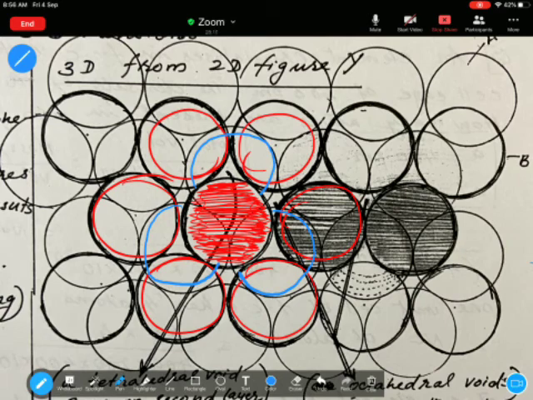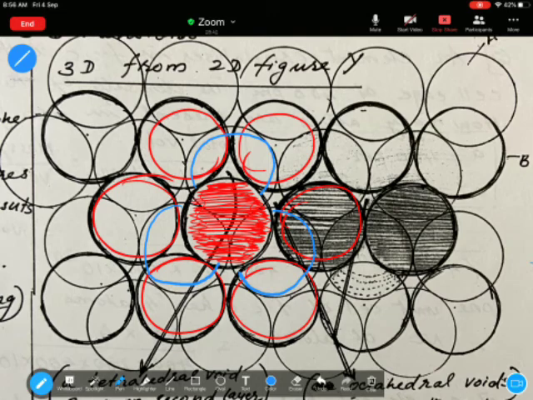The central red ball is in contact with 6 balls in its own layer, 3 balls from the below layer, and similarly 3 balls from the above C layer. From A layer 3 balls, from B layer 6 balls, and above this B layer, from C layer, again 3 balls.